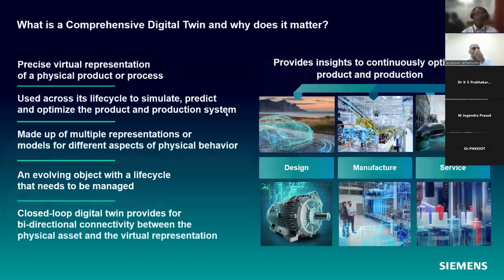As we also saw, there are three stages broadly where we look at the twin. You have it at the design stage, at the manufacturing stage, and at the operations phase. Operations includes maintenance as well. So first is a precise virtual representation of a product or a process.